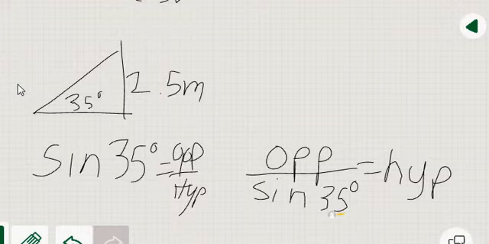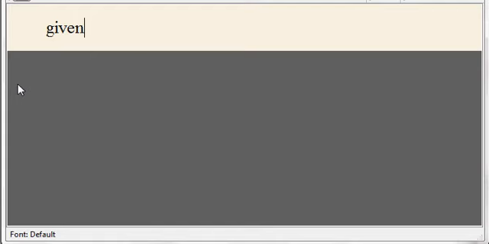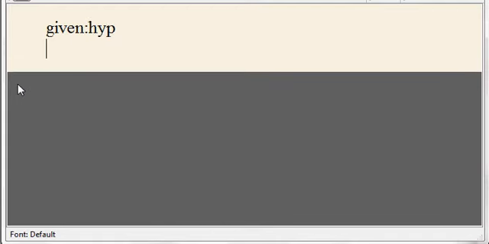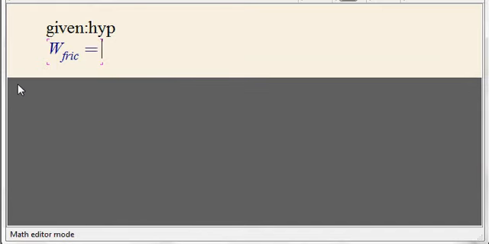So you find the hypotenuse, and once you have that hypotenuse, then you say the work done by friction is, well, let me write the general equation first.